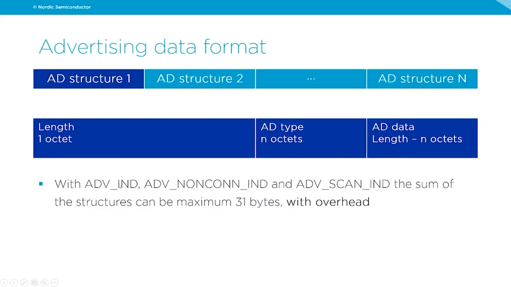So with those 3 normal advertising packets, you can have up to 31 bytes with all of the overhead. You can see here that we have 1 byte overhead and a 2 byte type overhead, so it can already be 3 bytes of overhead, and each structure will have an overhead. So you don't have much for your actual data here.